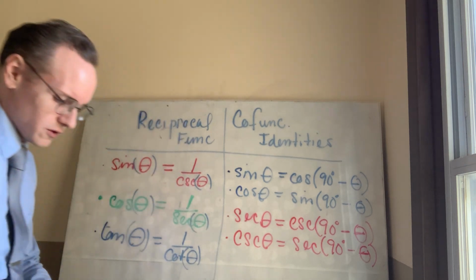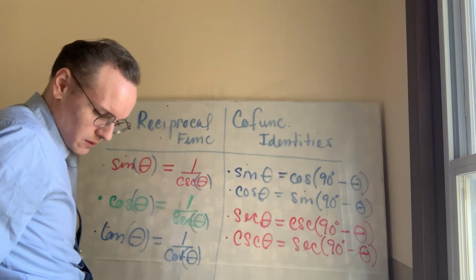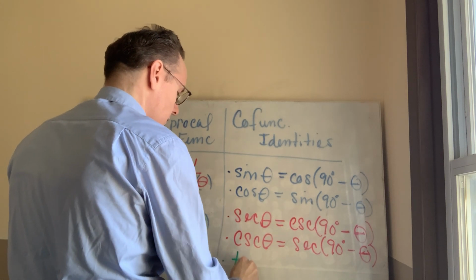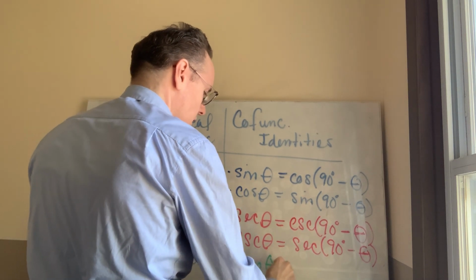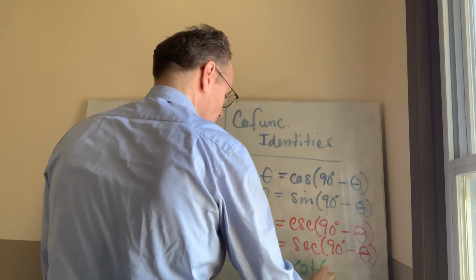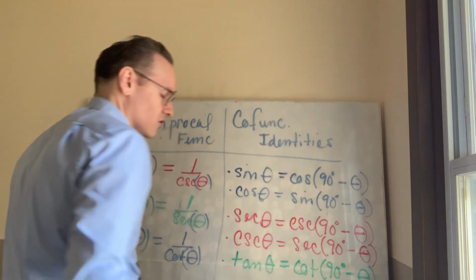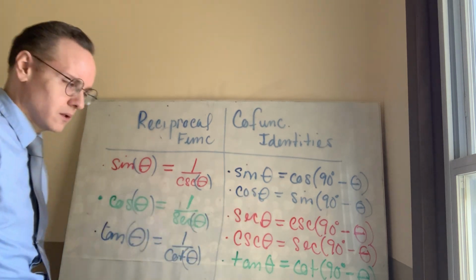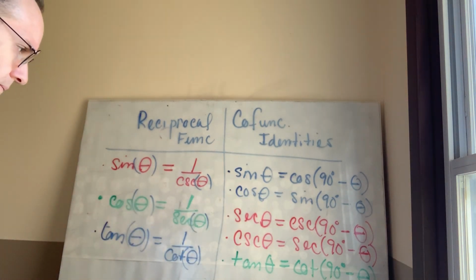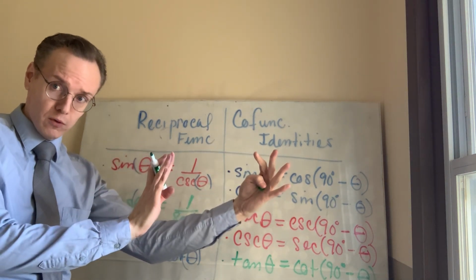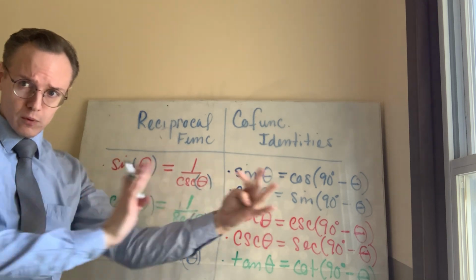And then the last ones, tangent of theta is cotangent out of phase by 90 degrees. Out of phase is just saying shifted. When we get into actually drawing the waves, you'll notice that it's basically a wave that's scooted over horizontally, backward or forward.